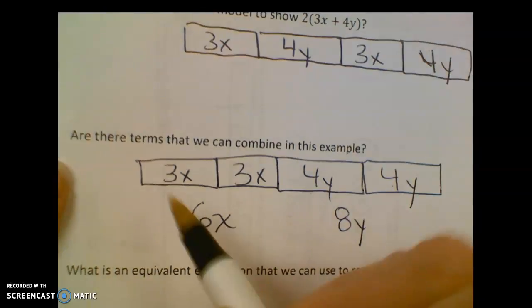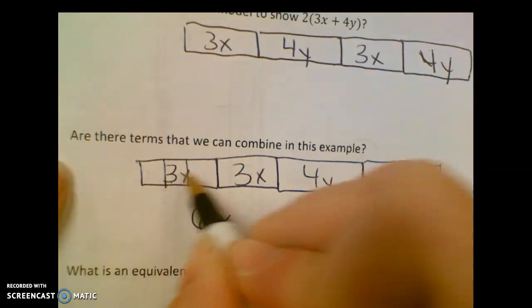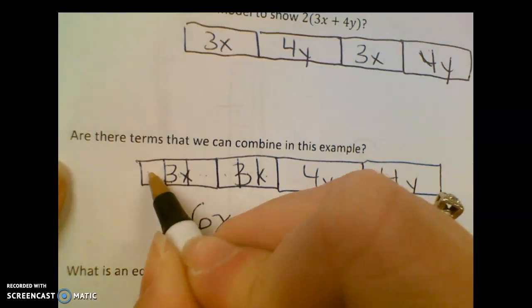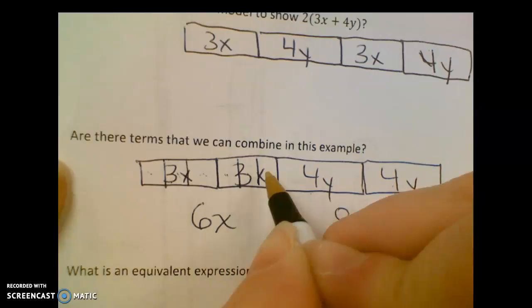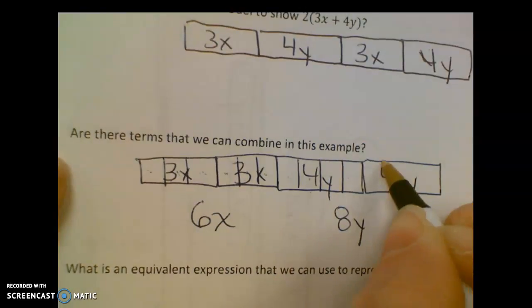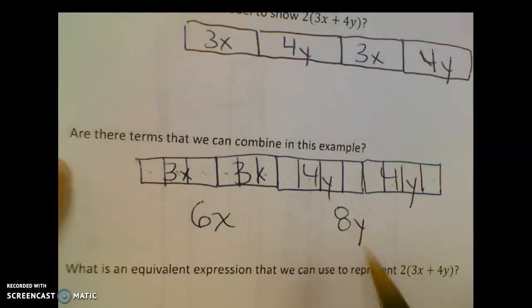You can also think of it like this is our generic way to do 3x, but this is really x, x, x, x, x, x. So how many x's are there? 1, 2, 3, 4, 5, 6. This is really 4 y's. 1, 2, 3, 4, 5, 6, 7, 8. So we have 6 x's and 8 y's.